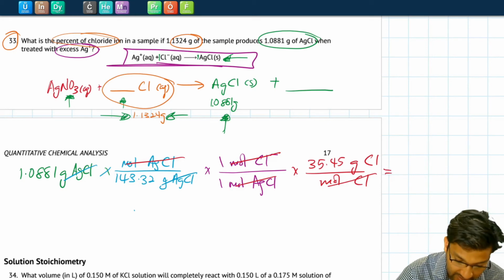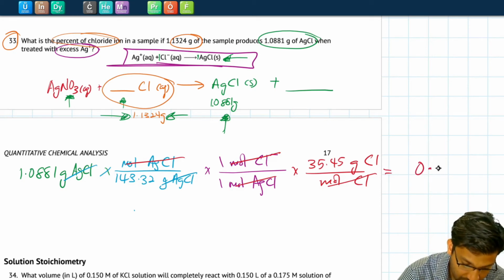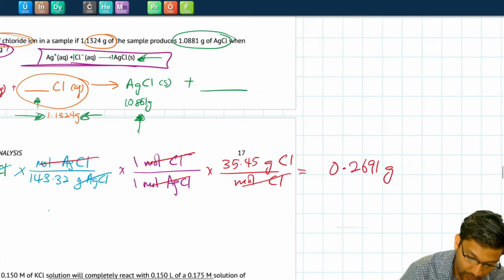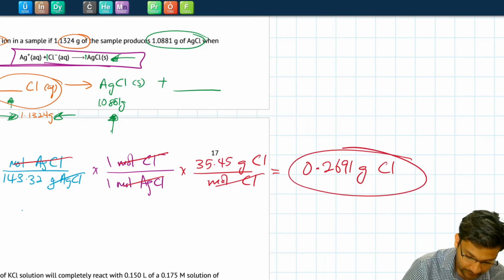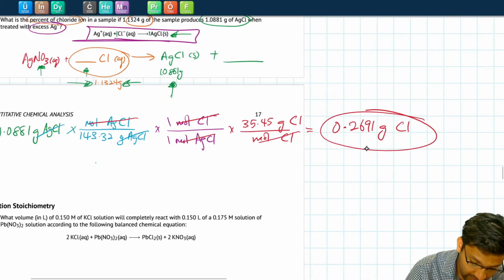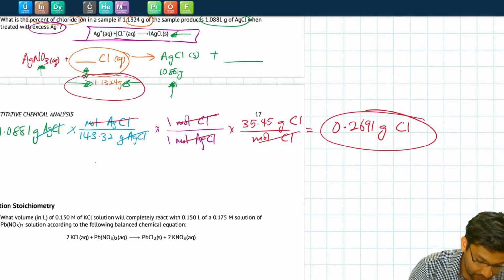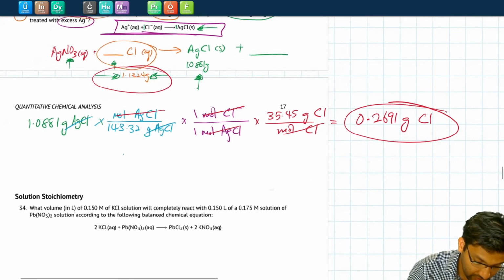So if we plug all of this into our calculator, we get that the mass of chlorine atoms that we started with must have been 0.2691 grams of chlorine.